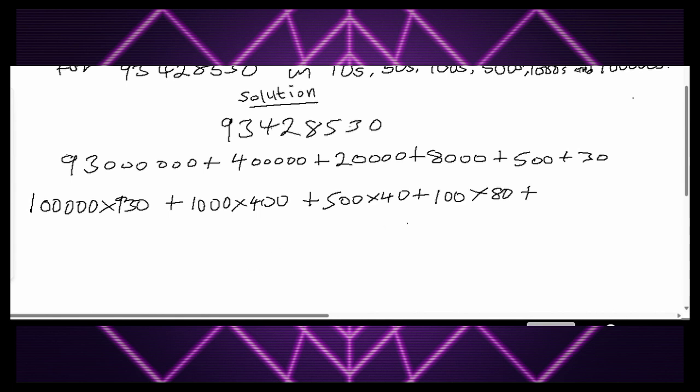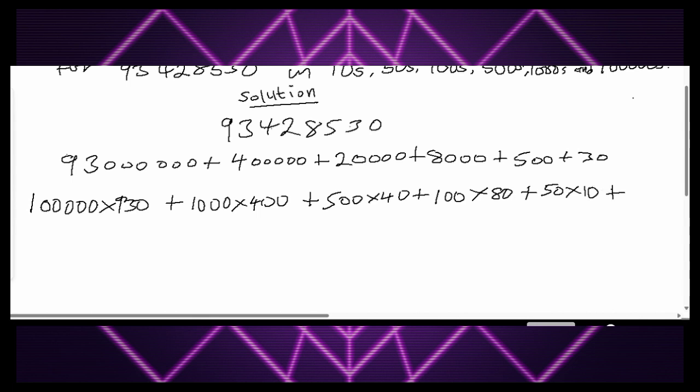Right after the 100, the next one is 50s. What can I multiply by 50 to get 500? That is 10.